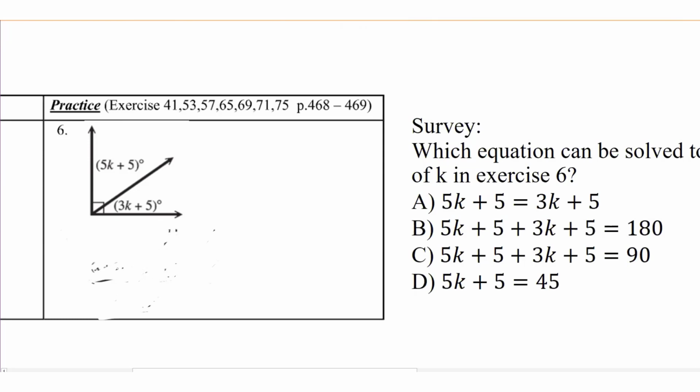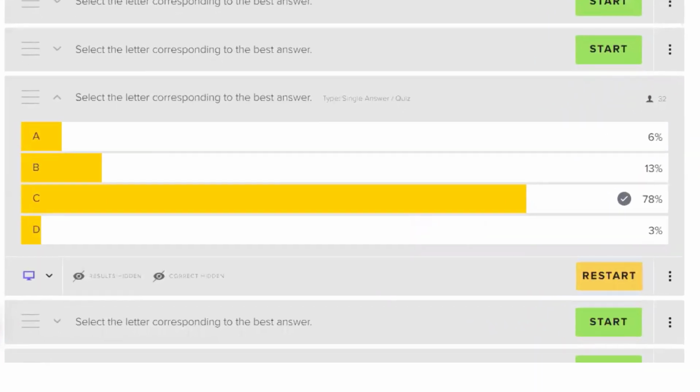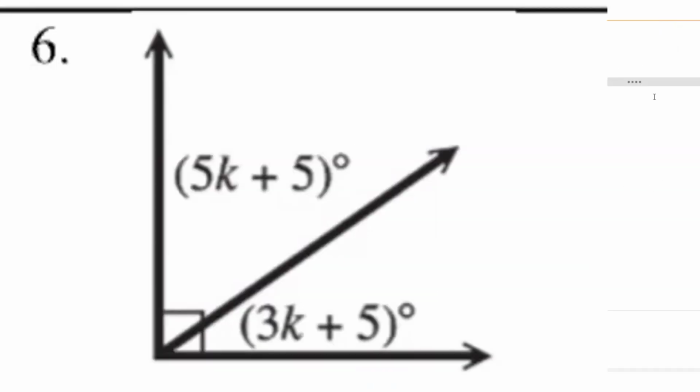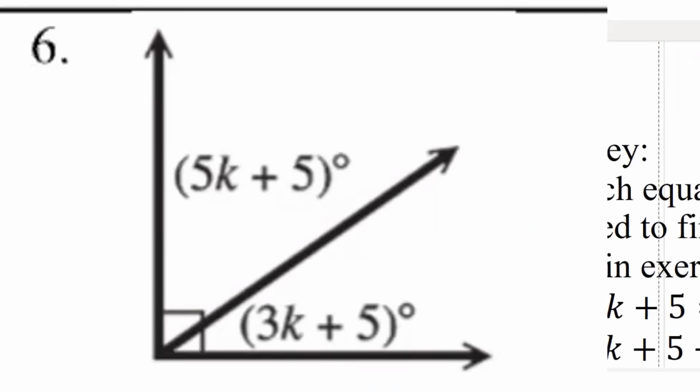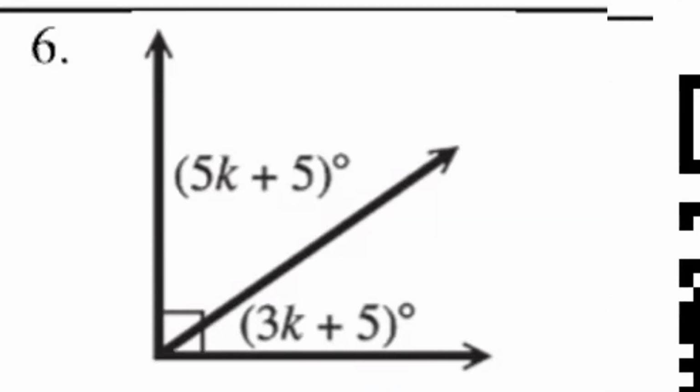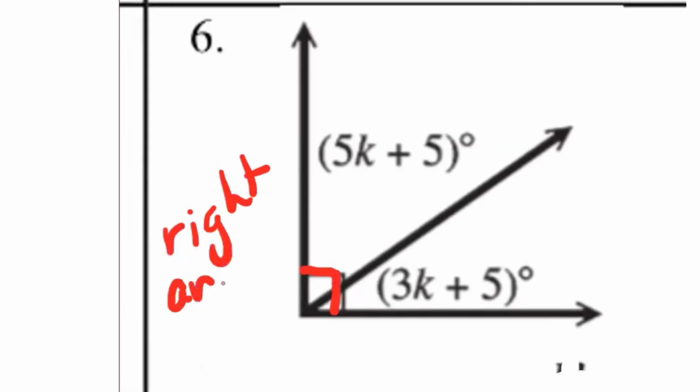Okay, so the most popular choice was C, which is correct, but let's take a look at why, and a lot of you got this. Very good. So in this diagram, what kind of angle is being split into two angles? A right angle. Remember, this type of angle is called a right angle, and it is 90 degrees.